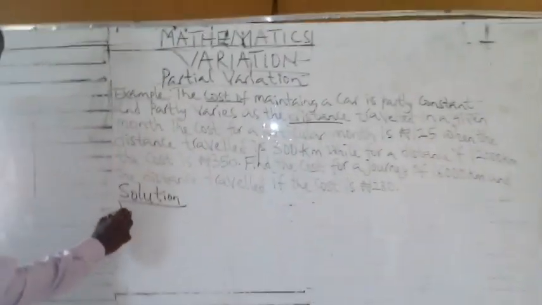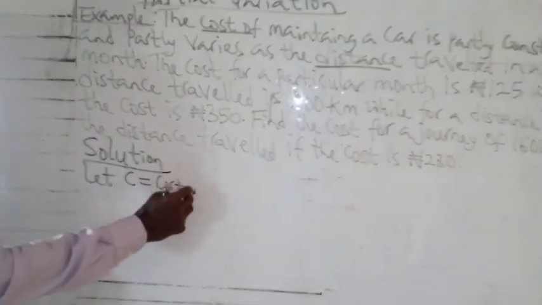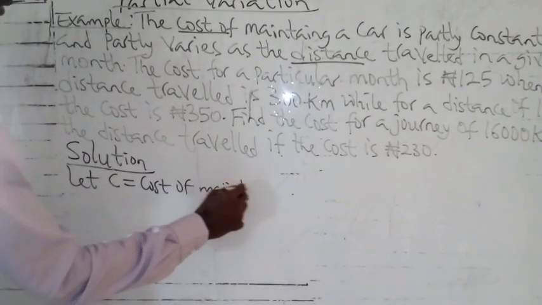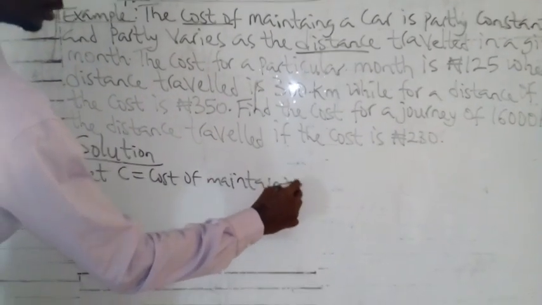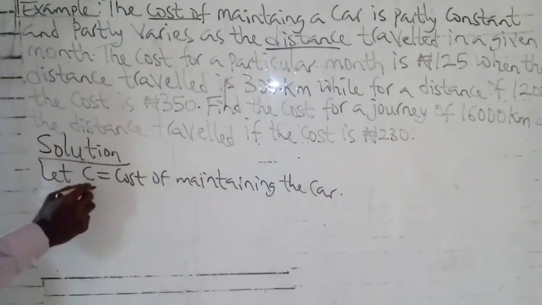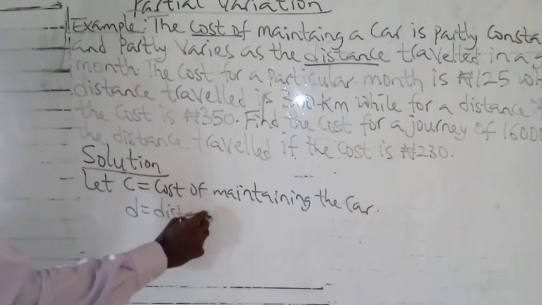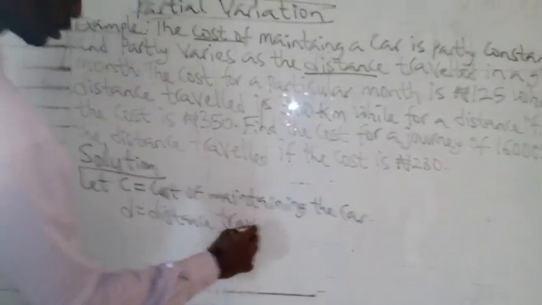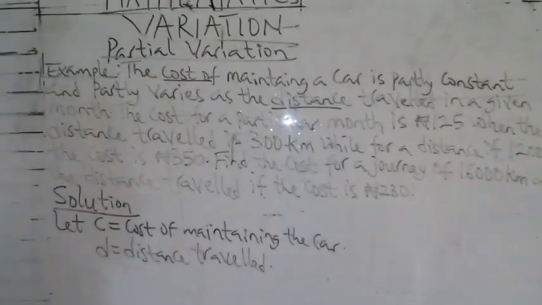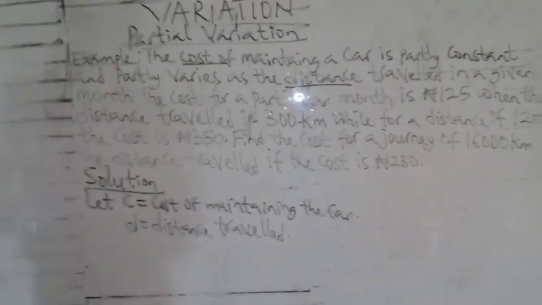Now let C equal the cost of maintaining the car, and let D equal the distance traveled. I hope viewers at home you are following me. We have looked at the 2 variables.